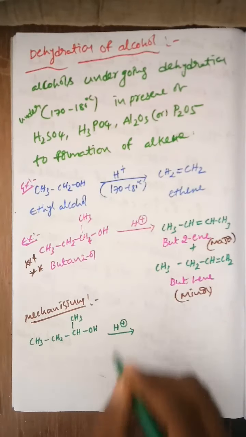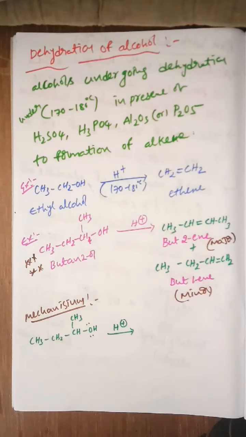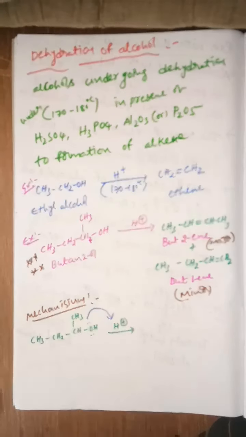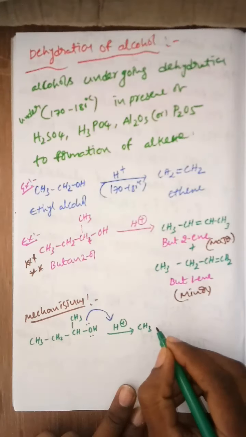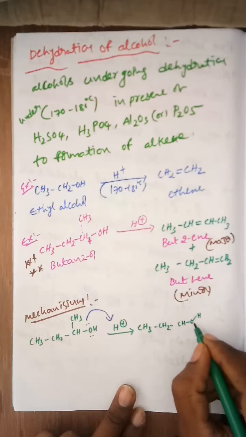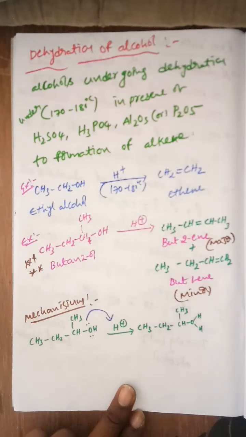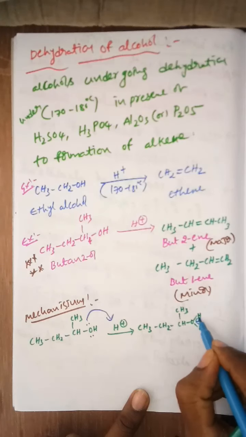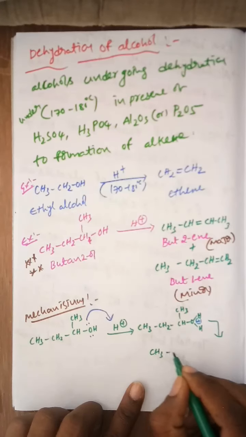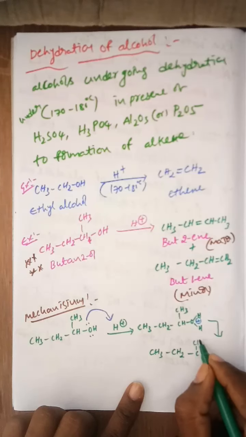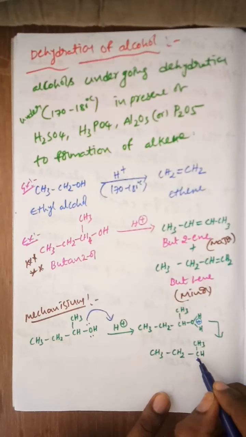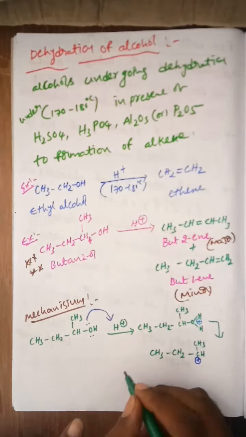In presence of acid, the oxygen containing lone pair of electrons takes this hydrogen, forming the protonated alcohol, which is positively charged, and loses water to give the carbocation CH3CH2CH+CH3.